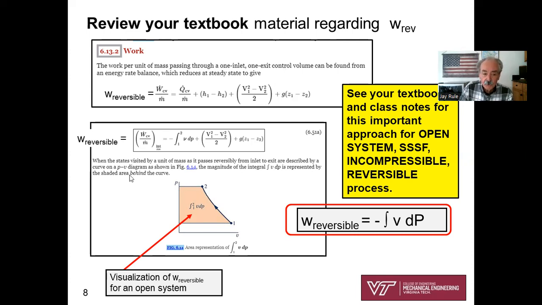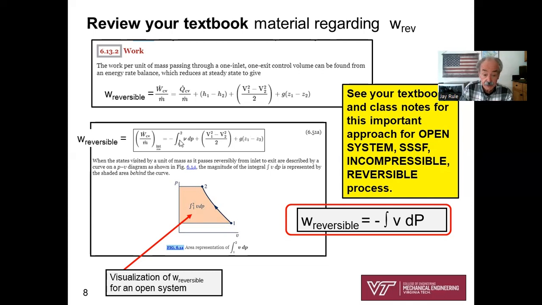More reading: as you read down in section 6.13, you see that the reversible work, W dot over M dot, is minus the integral of VdP, minus the change in kinetic energy, minus the change in potential energy from outlet to inlet. And in the absence of changes in kinetic energy and potential energy, we can show that.